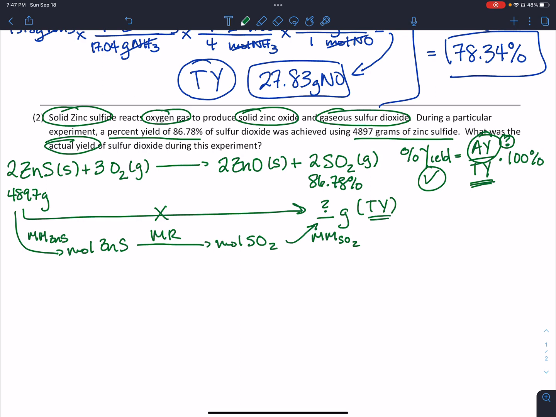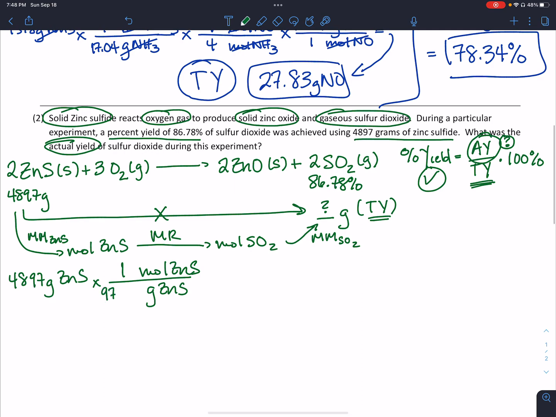Once we have that, we will go up into our formula and solve for our actual. So we start with what we've been given, 4,897 grams of ZnS, molar mass, so I'm going to put grams down in the bottom, moles up top, and go get my periodic table, and I find that 1 mole of zinc sulfide has a mass of 97.47 grams. It's going to let me cancel those grams.